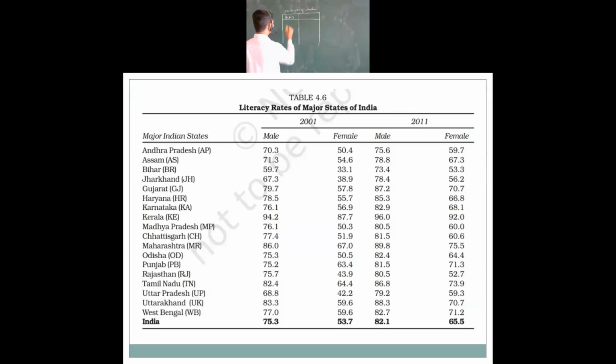So let's take first Punjab, next Haryana, next Andhra Pradesh, next Karnataka, then Maharashtra, then Tamil Nadu, then Kerala.